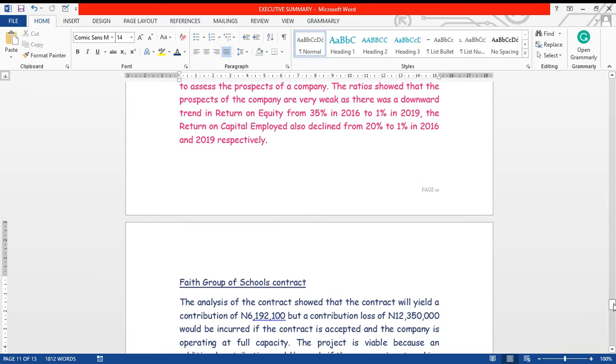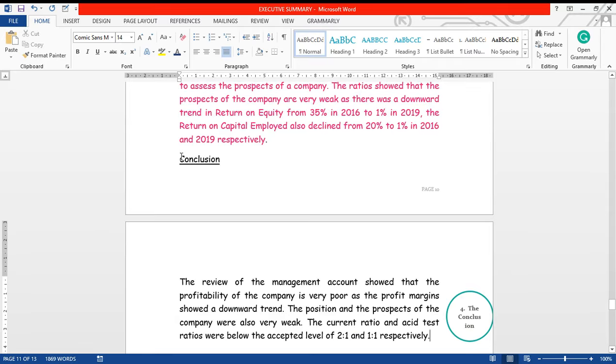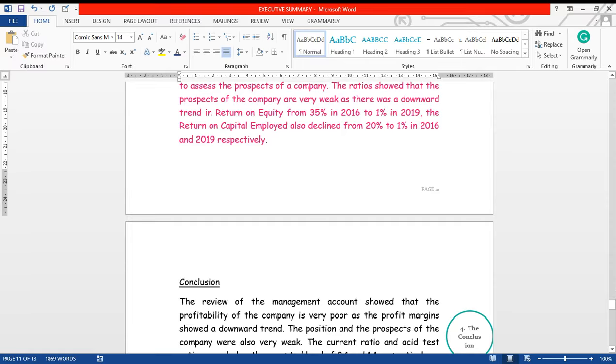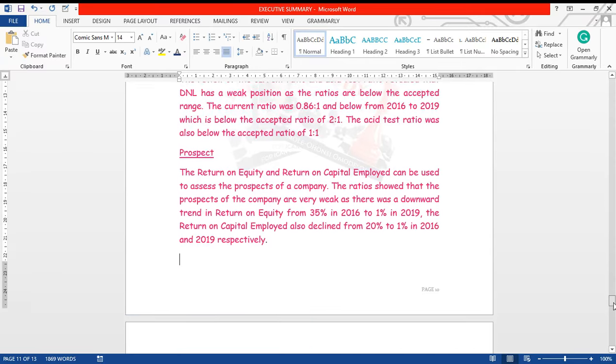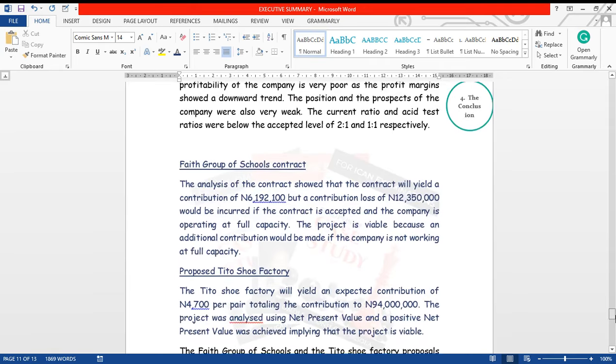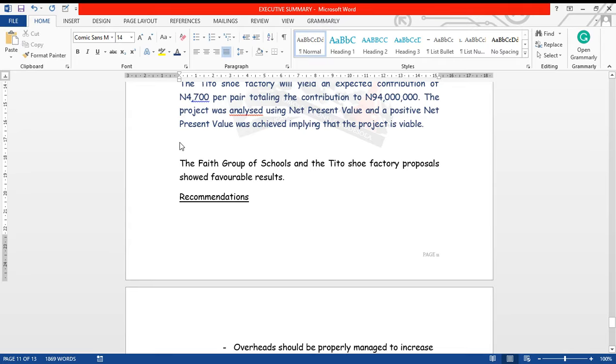Since this was where we ended our financial statement analysis, we have a conclusion for the first requirement. This is requirement one, where we talk about profitability, position, and prospects. Then you have the conclusion. Then here we have a heading for the contribution.